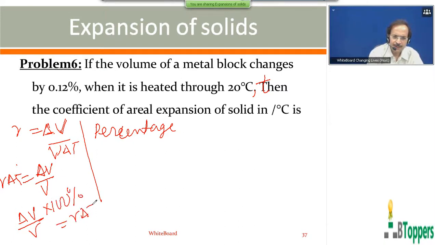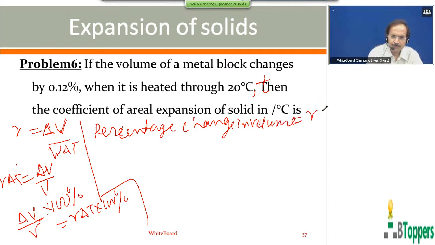That you can write as gamma into delta T into 100%. So the percentage change in the volume of the solid is gamma into change in the temperature into 100%.